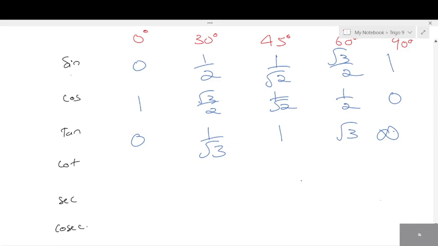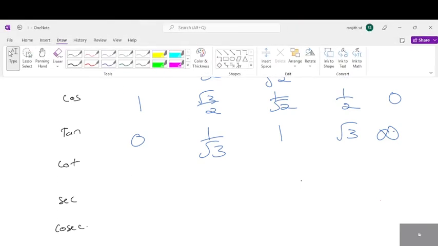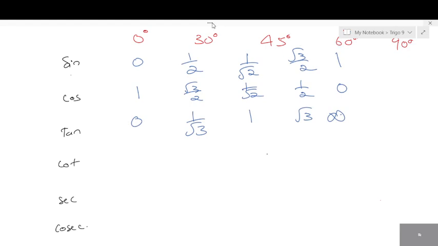Okay, cot. After that, find cot. Yeah, tell me cot values, students.